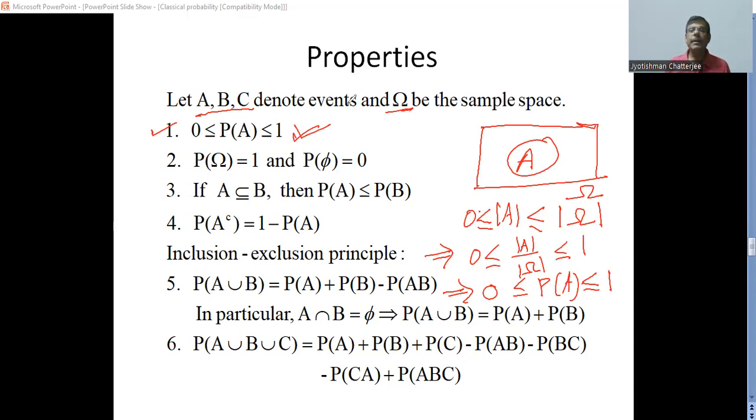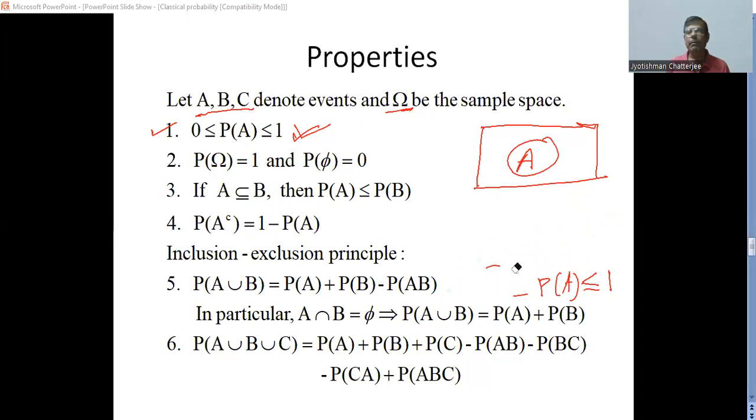Let's clear a little bit of this. Okay, now probability of omega equal to 1. Why is it so?